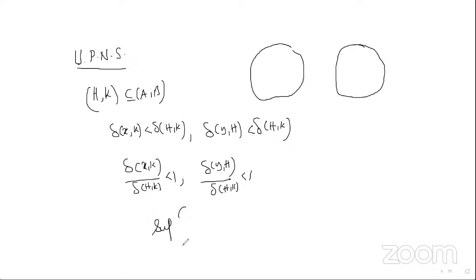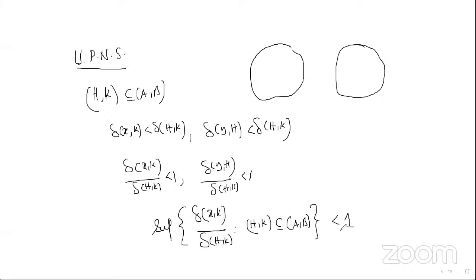The supremum of the diameter of xK by the diameter of HK, where the supremum is taken over all pairs HK which are subsets of AB, is less than 1, as well as this one also.